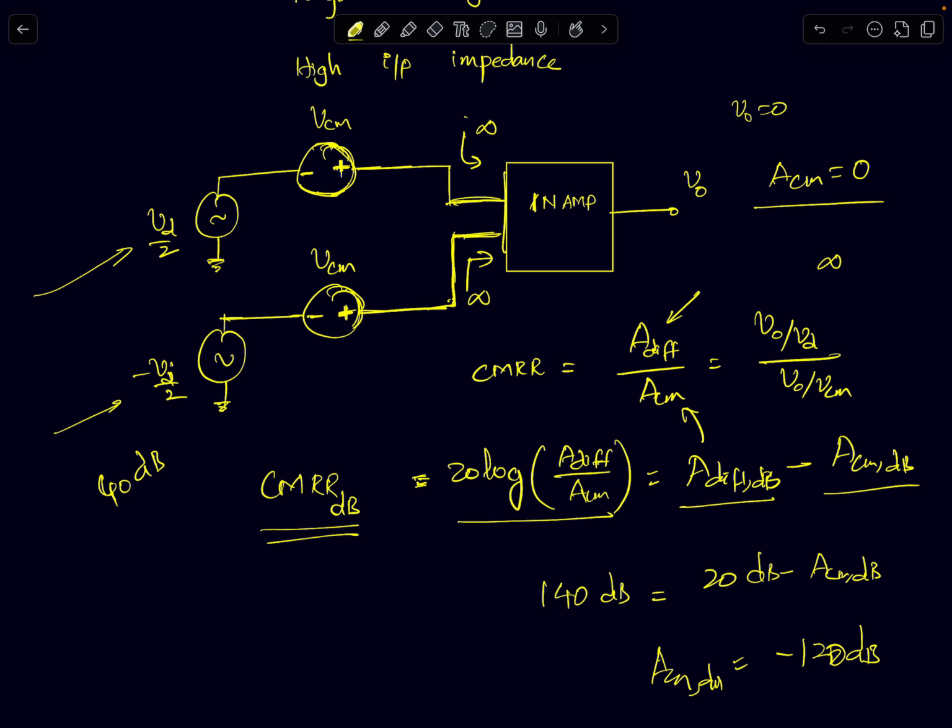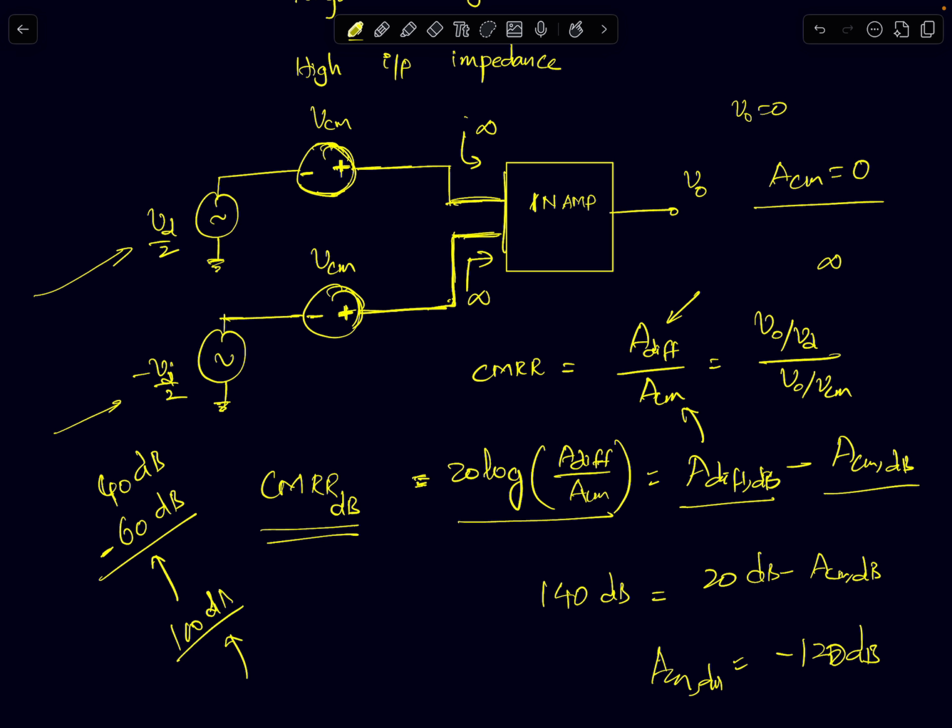Let's say I have a common mode gain of 60 decibels. Usually it will be a number less than 1, so the gain will be minus 60 decibels. Then what is the CMRR of the circuit? It should be 100 decibels.